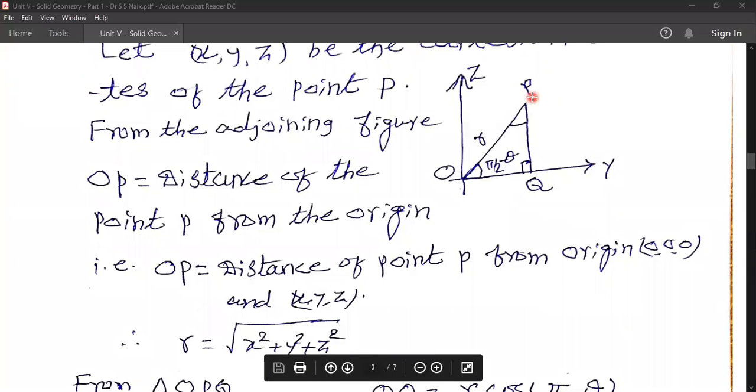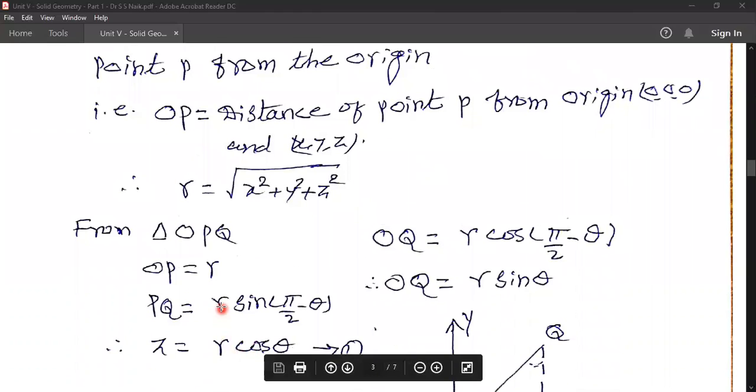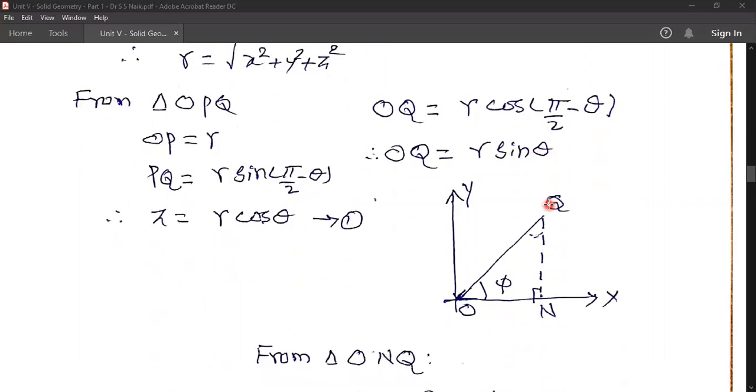Sine of pi by 2 minus theta is cos theta. Therefore, z is equal to r cos theta. Then OQ is equal to r cos of pi by 2 minus theta, so OQ is equal to r sin theta.